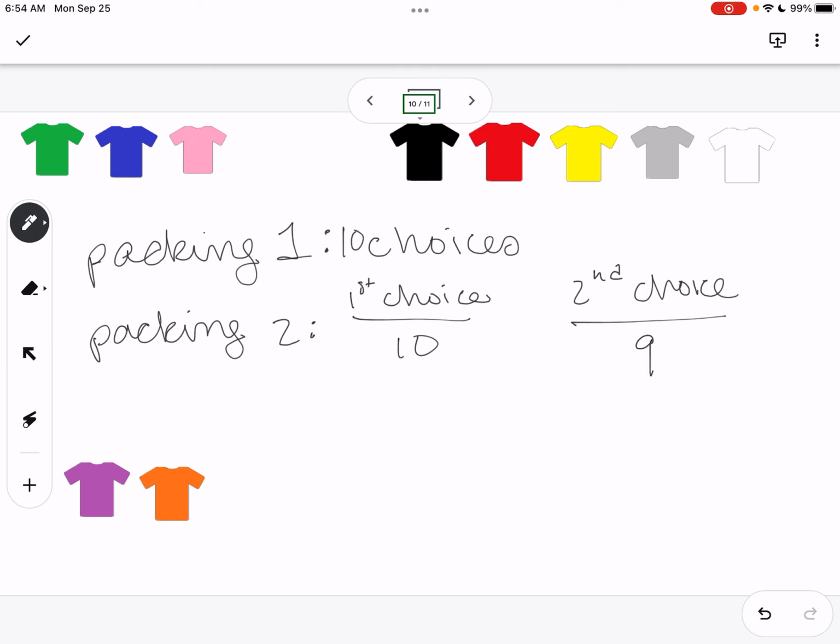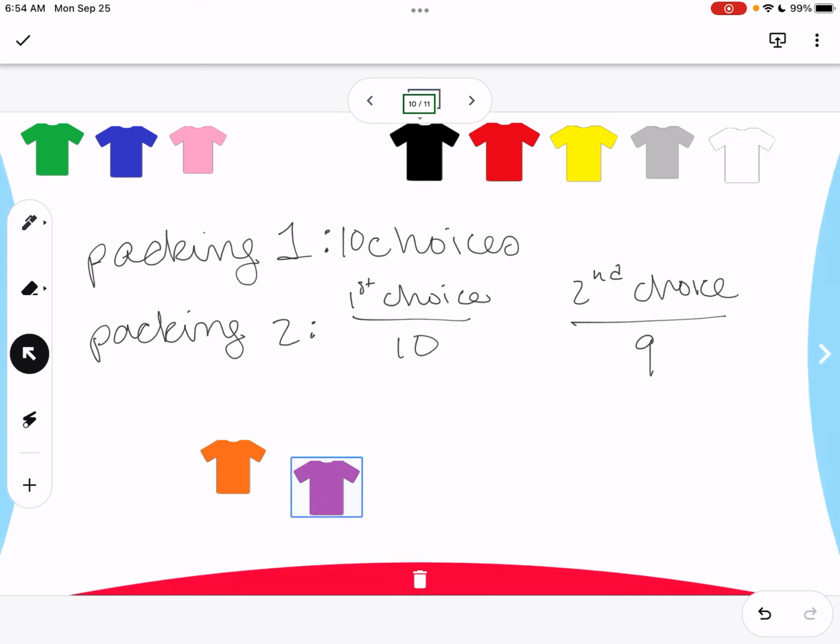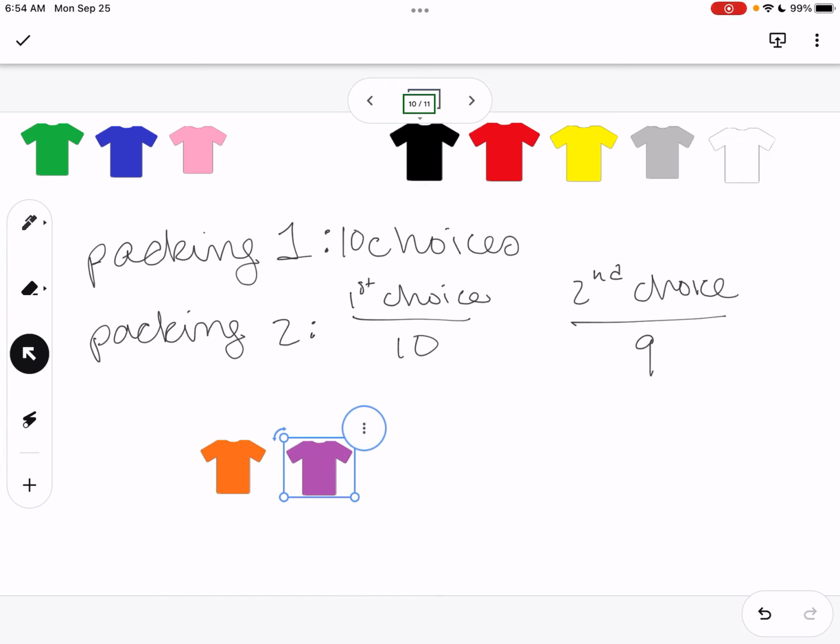But it doesn't matter if I pick the purple shirt and then the orange shirt, or if I pick the orange shirt and then the purple shirt. Once they're in my suitcase, I don't care what order I pick them, as long as they're both in my suitcase. So when I'm packing 2 shirts, I have 10 choices for my first shirt and 9 choices for my second shirt.